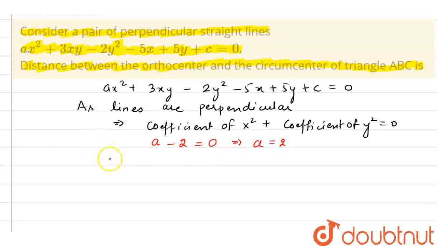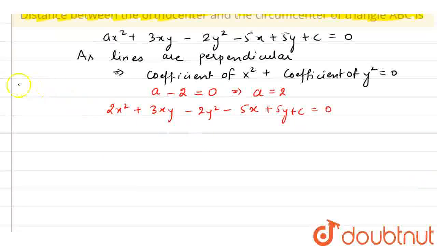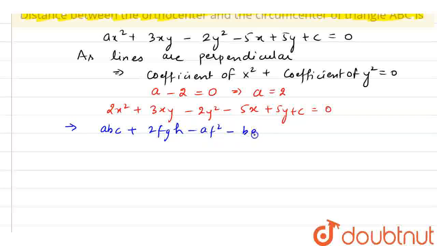Now my equation will look like this: 2x square plus 3xy minus 2y square minus 5x plus 5y plus c equals to 0. Now we have to find the value of c here. Using another concept, for the equation to represent a pair of lines, the condition is abc plus 2fgh minus af square minus bg square minus ch square equals to 0.